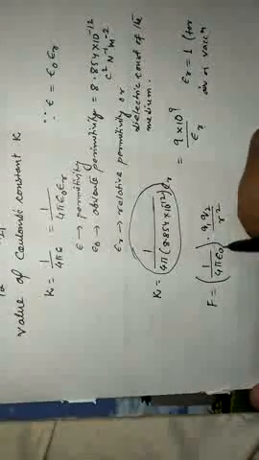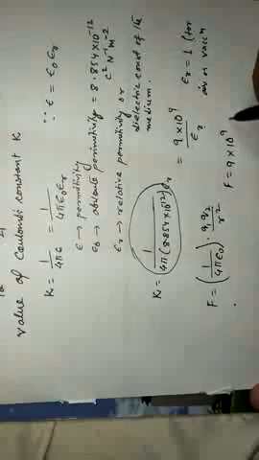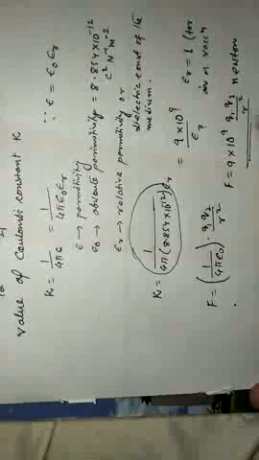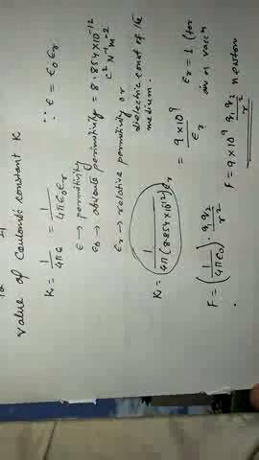Now this is the value of K, or we can write F is equal to 9 into 10 to the power of 9 Q1 Q2 divided by r squared, and this is in Newton, because this is force.